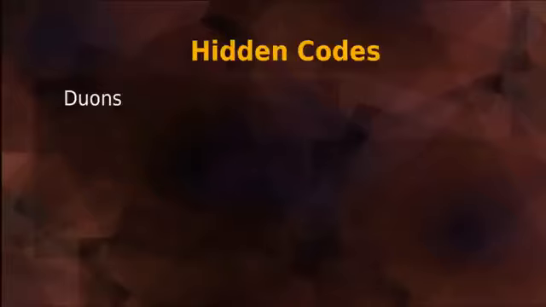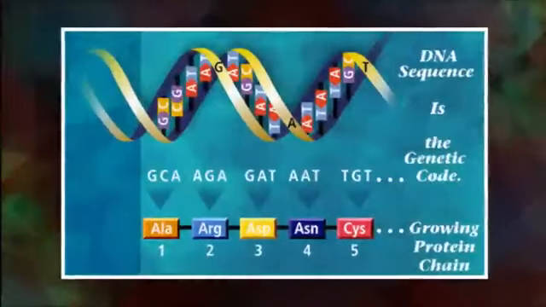So the first one we're going to talk about is something called duons. Now, duons are codons found in genes. Now let me explain what a codon is. In your DNA, in the part that codes for protein, the genes essentially are composed of three-letter words. Those three-letter words are called codons because each codon codes for a particular amino acid in the final protein.